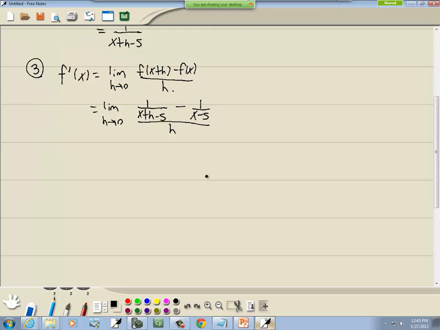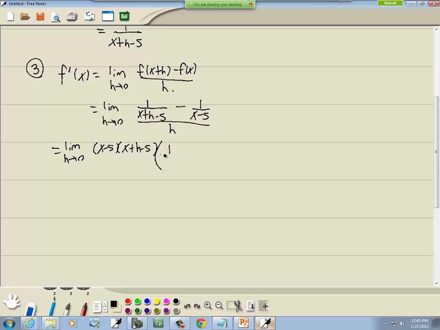Now this is a complex fraction, a complex rational expression, if you want to think of it that way. But for complex fractions, the very easiest way to simplify them is to multiply everything by the LCM of all your inner denominators. The x plus h minus 5 and the x minus 5 are our inner denominators. So we're going to multiply everything by x minus 5 times x plus h minus 5. That's our LCM.